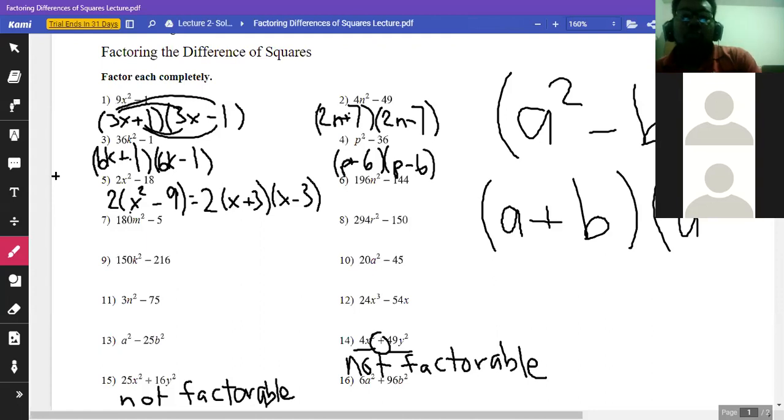So what could we factor out of 20a squared and 45? A 5. Yeah, good.